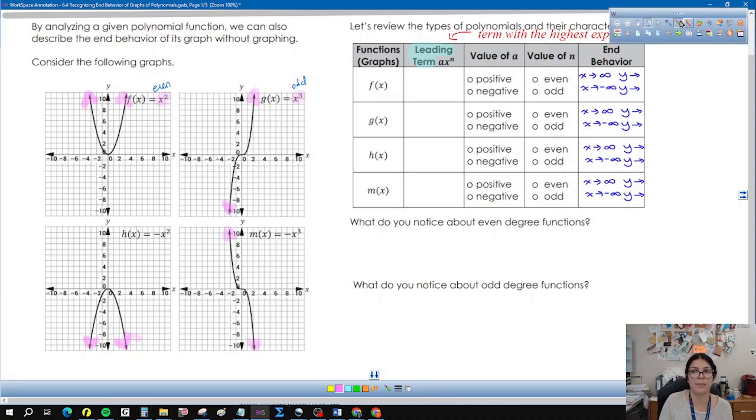So the takeaway of this is that when you have an even degree function, when the power is an even number, 2, 4, 6, 8, any even degree, both ends are facing the same way.